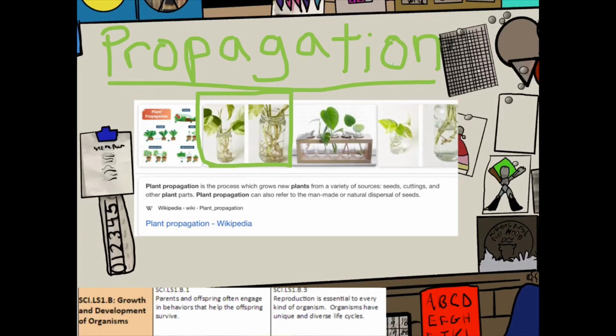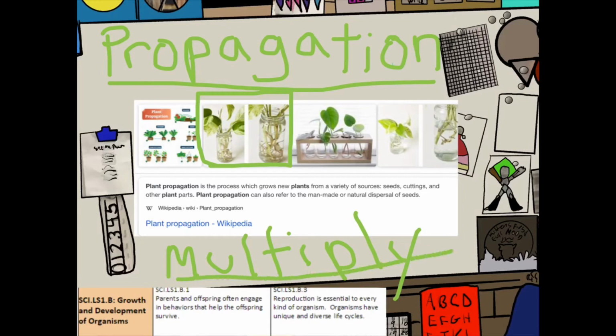That way you can multiply your plants. So that is really important. So you can have two of the same plants because the genetic makeup is identical.